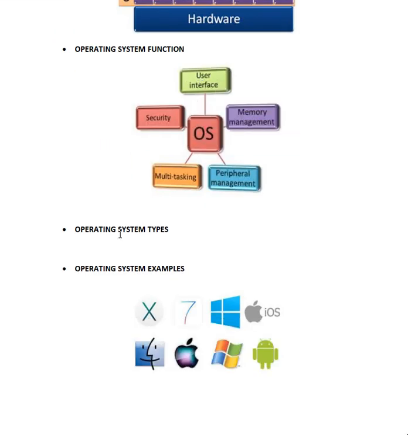So this is just a generalized talk about the operating system. Now let's see some of the types. When you talk about operating systems, nowadays you know that we have different levels and different versions of operating systems.